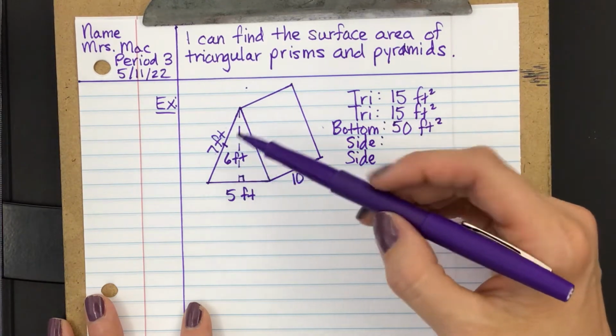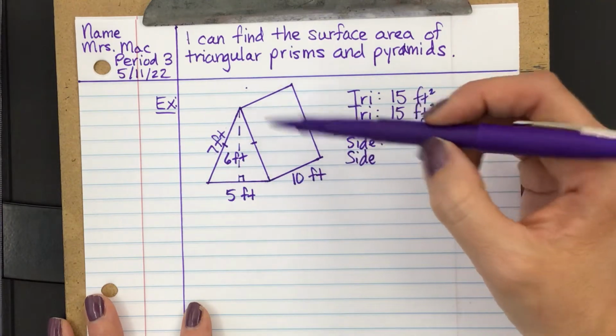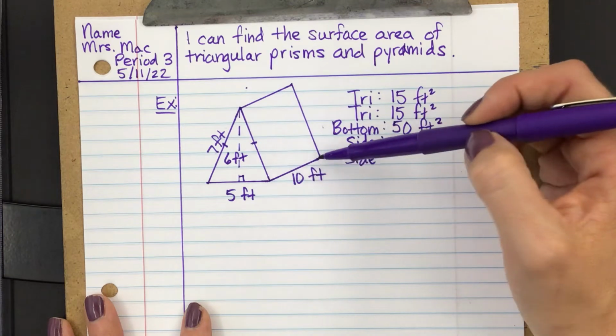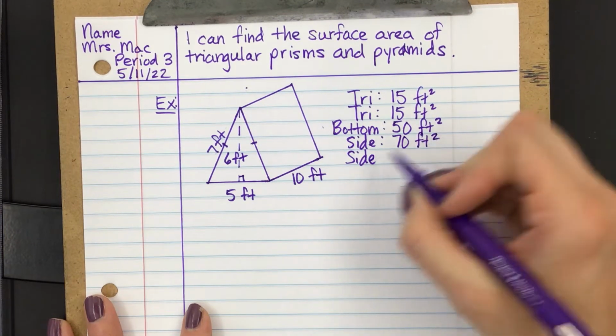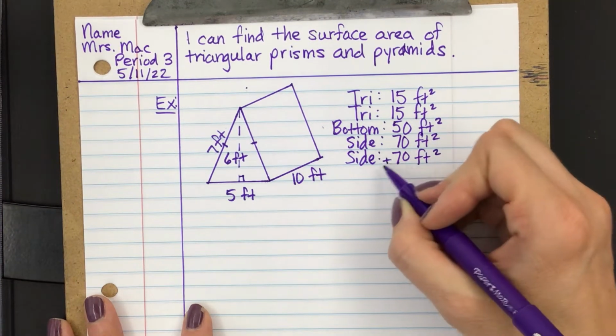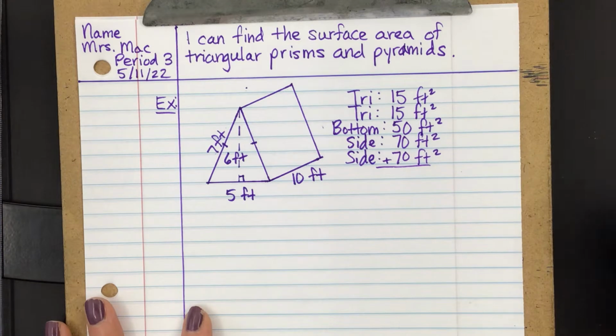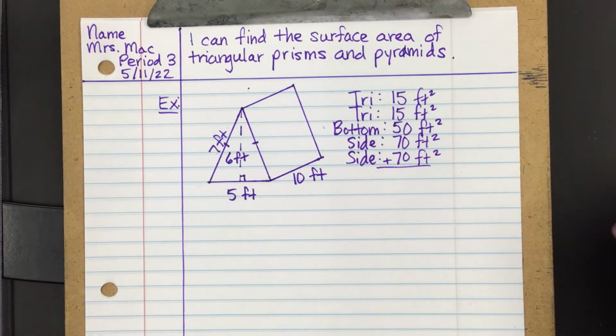And then if you look at the sides, so if this is 7, then this is 7 also. So the sides are 7 by 10. And they're the same in this case. So I'm just going to do 70 and 70. Then we're going to total it up. We're going to add up all of those areas to find our surface area.